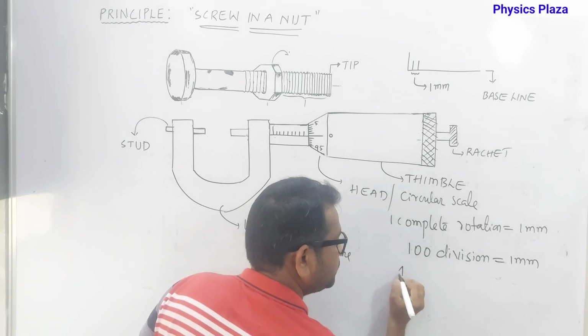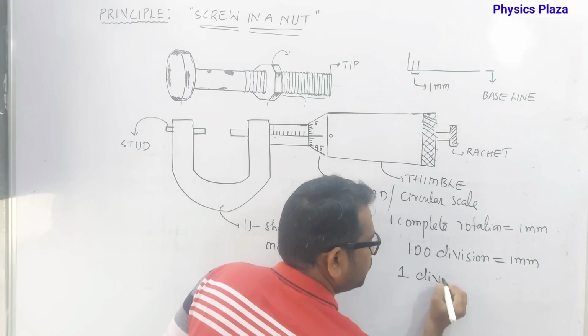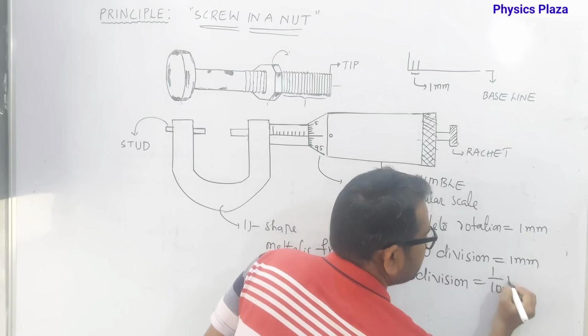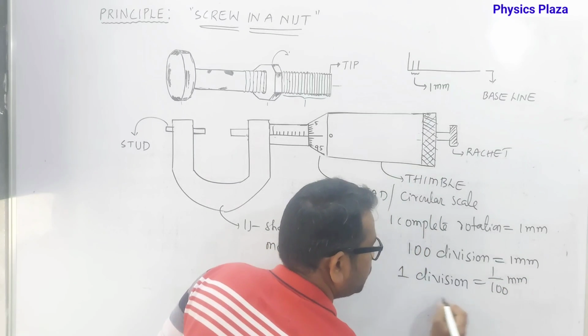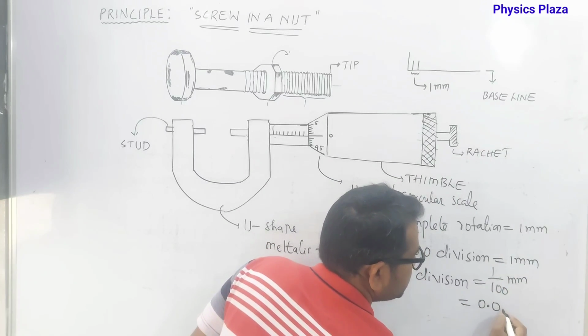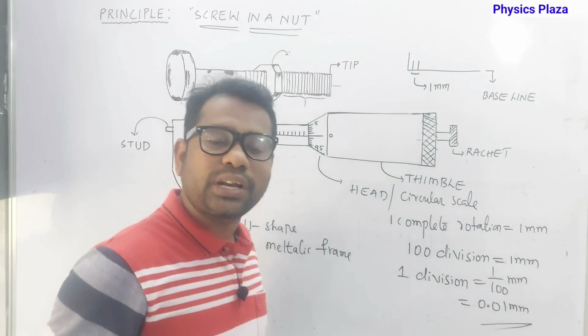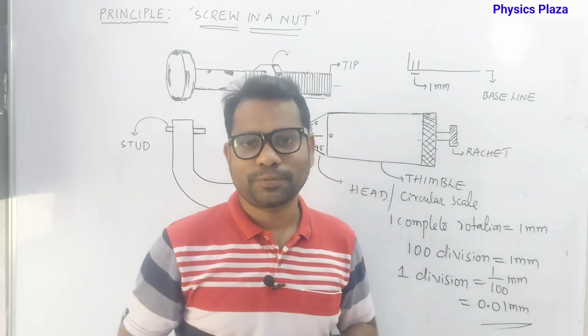For one division, then what is the distance covered? It is 1 by 100 millimeter, which means 0.01 millimeter. So this is the least measurement that we can take with the help of screw gauge.